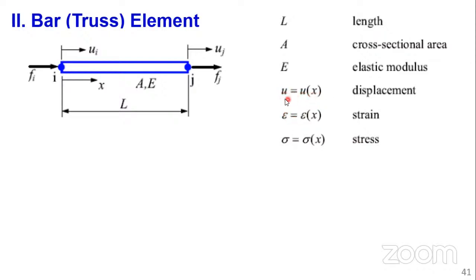What this tells you is that U, the deformation at any point, is a function of X. It's a function of where we are on our axis, like the displacement at any point in between I and J depends on the length X. How far from the origin are we in this direction? Any distance is expressed in terms of X, which we use to define our location.